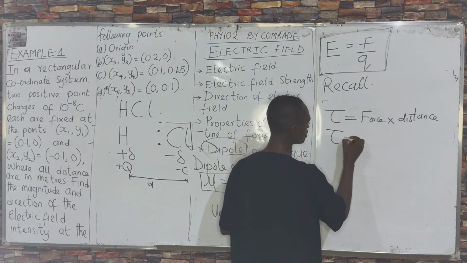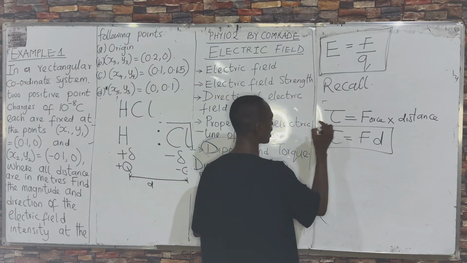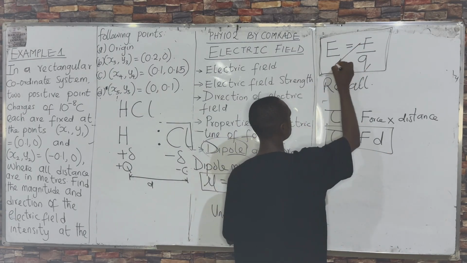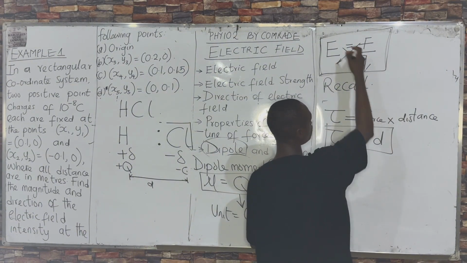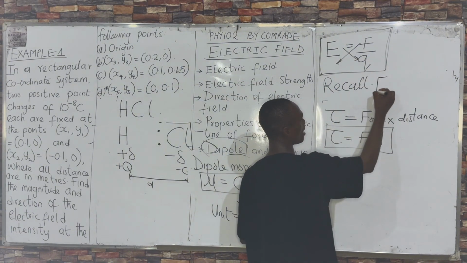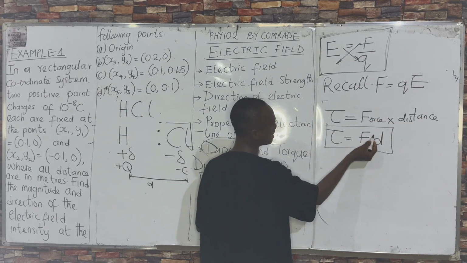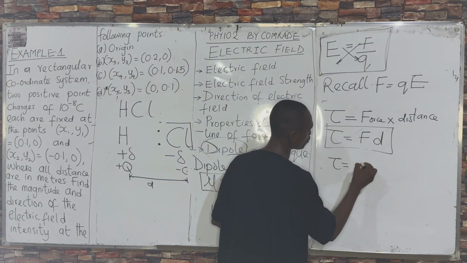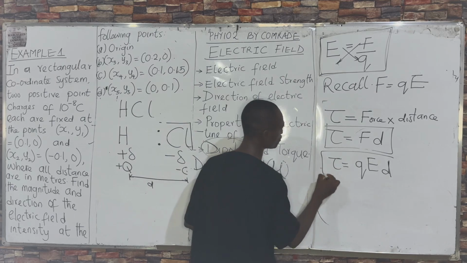So torque is actually force times distance. Is that clear? And do not forget that from this formula of electric field, if you cross multiply, remember I told you can write this formula beautifully by cross multiplying, which will give you F equals QE. It means I can replace this force with this, so that I have torque is actually equal to QED. So do not forget this.